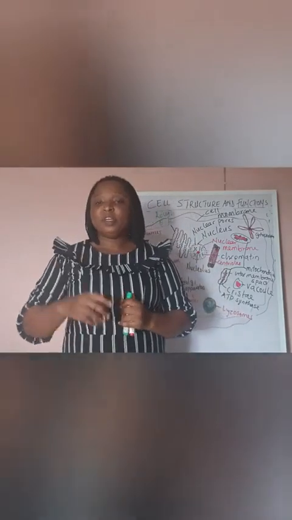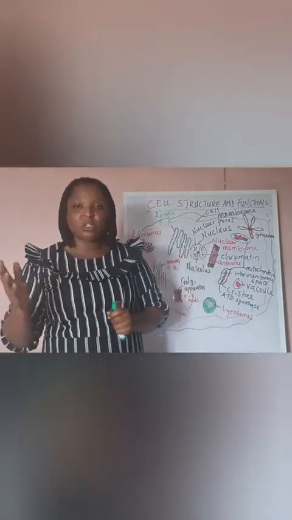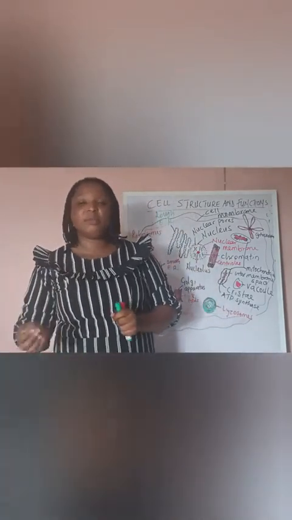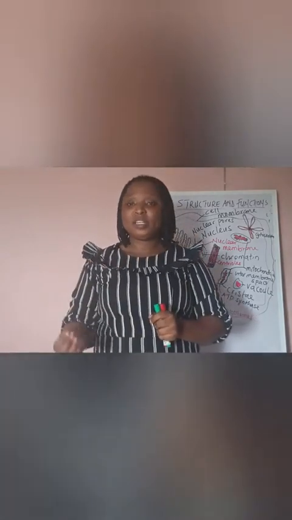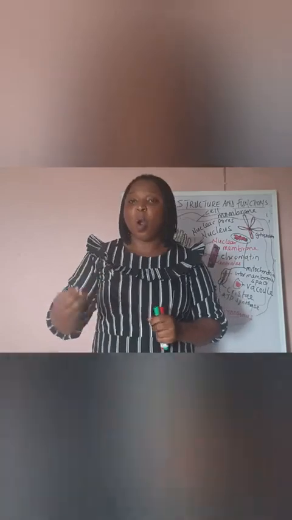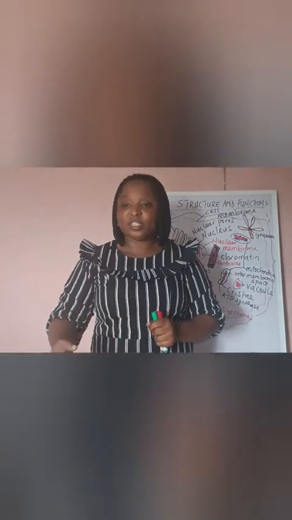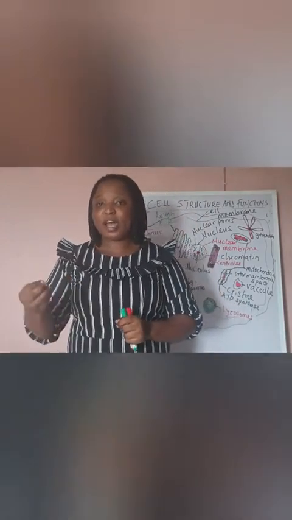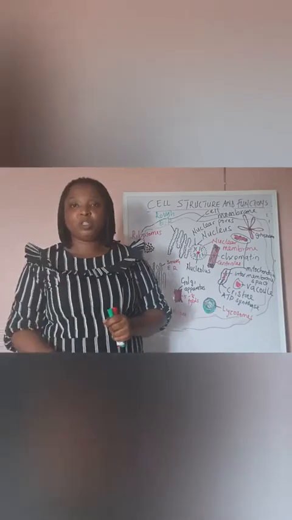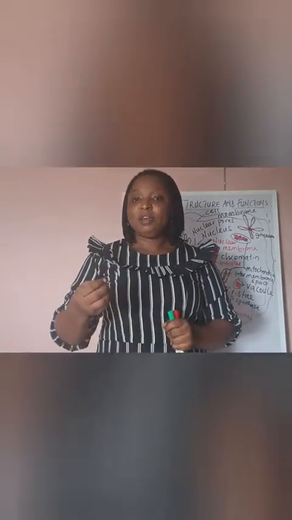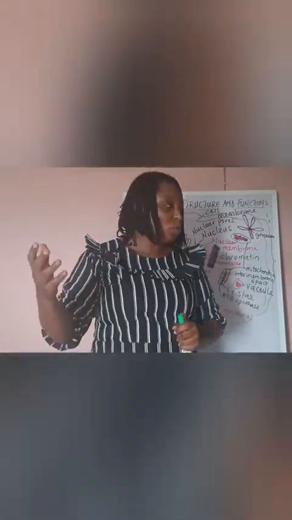So we have the other one, which is called multicellular organisms. The multicellular organisms possess two or more cells. This depends on the complexity of the organisms. So examples of multicellular organisms are toad, flowering plant, fish, and man, and so on.